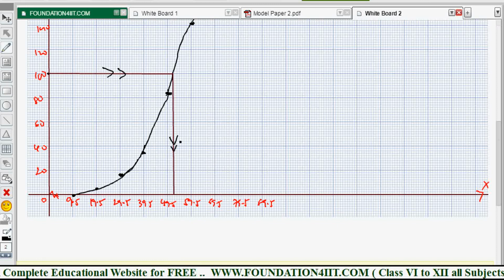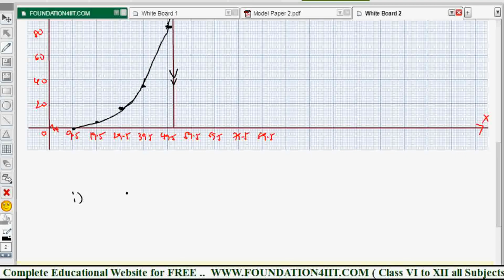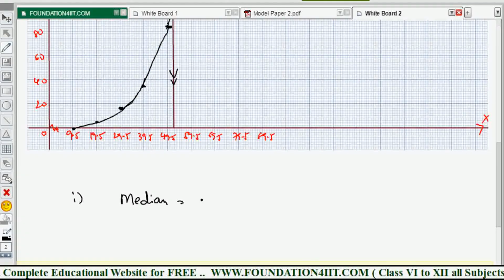From the ogive you can write that 52.5, approximately 53 marks. So median is exactly 52.5, approximately 53 marks, because it is the 100th observation.